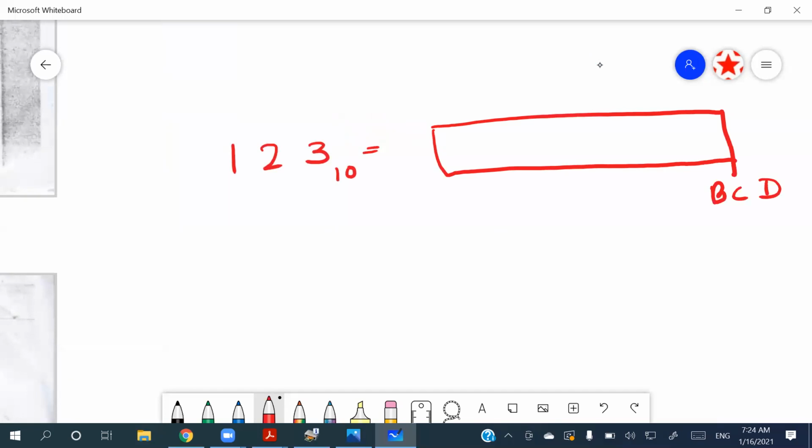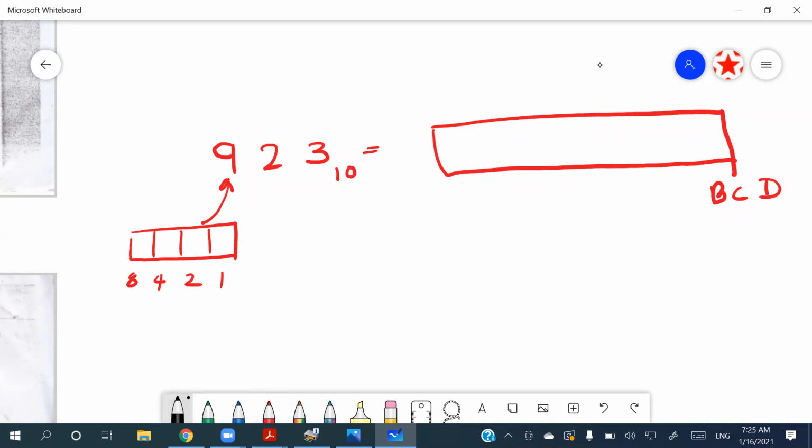In BCD, we write one particular symbol using 4 bits. So we are going to write this decimal symbol using 4 bits of binary, which has 1, 2, 4, and 8 place values.